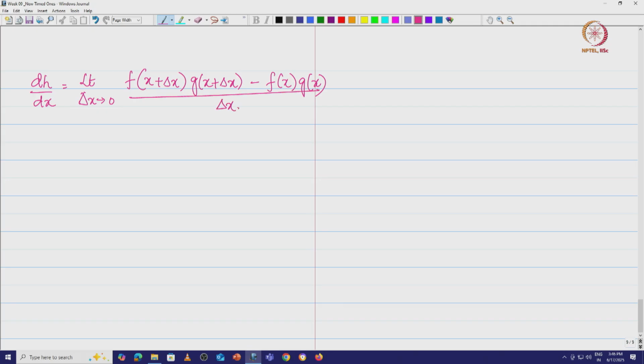This is what I have. This does not take us anywhere, because we are in the same state as where we were before. So what I am going to do is add and subtract f of x plus delta x into g of x in the numerator.